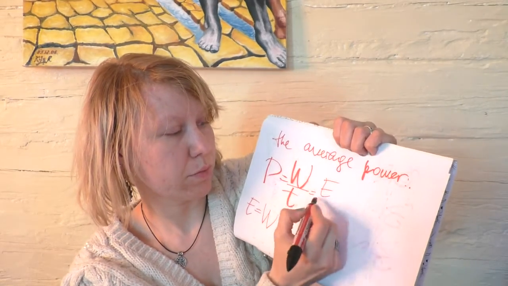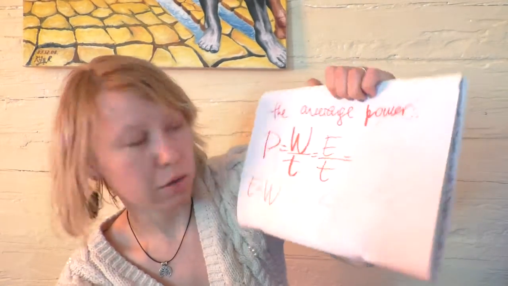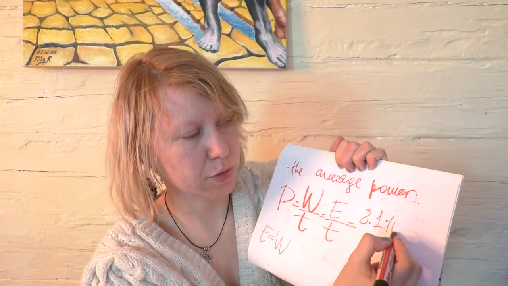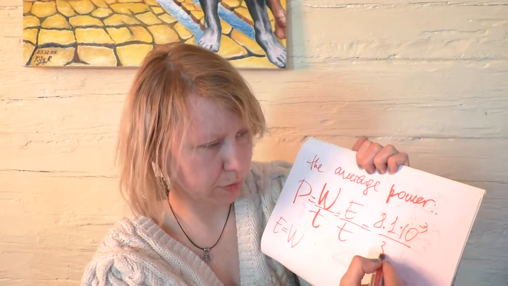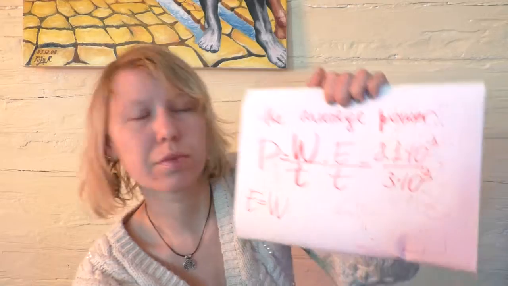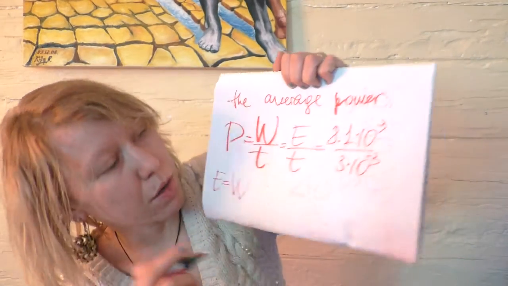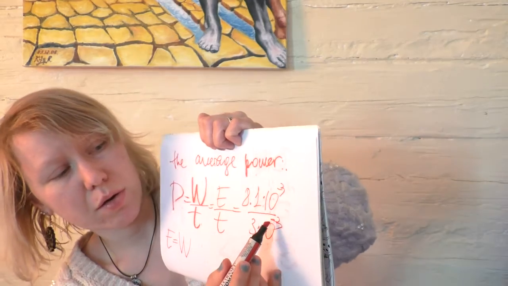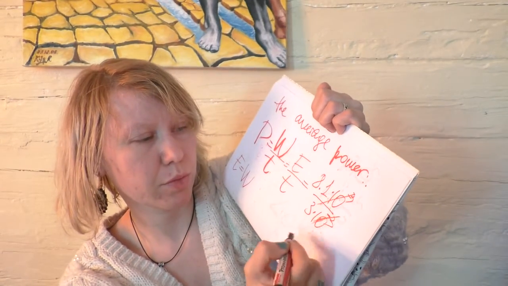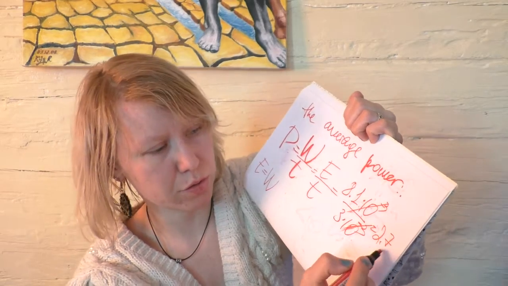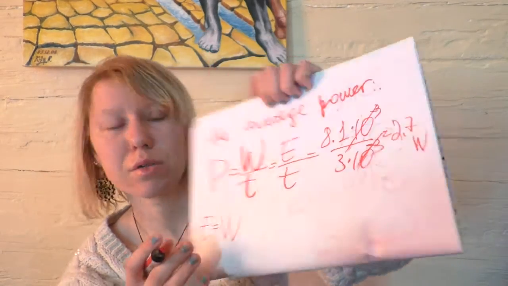So we take energy divided by time, and we already found the energy: 8.1 times 10 to the minus 3, divided by 3 times 10 to the minus 3. Here will be 2.7, and that's all. 2.7 watts. That's it.